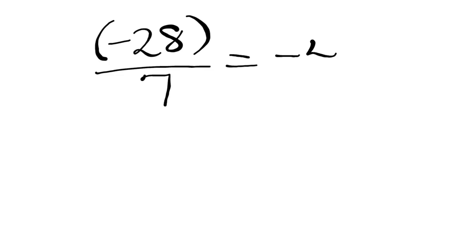Negative. -28 divided by 7 is, okay, it's -4 then. Good job, Dominic. And Emma, the answer is -4.